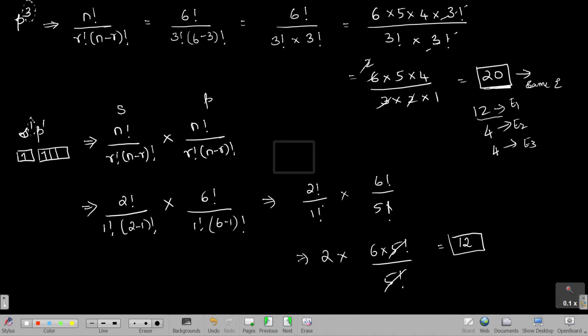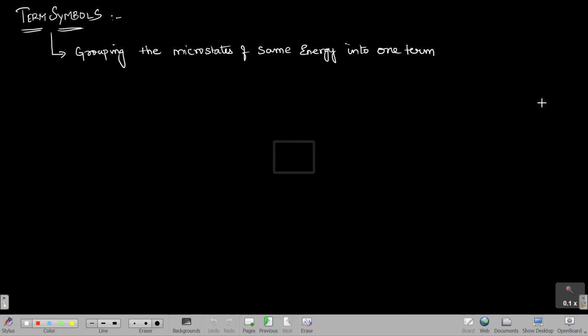So these 12 arrangements which have the same energy can be collectively called one term symbol. So grouping the microstates into a particular energy level is what we call a term symbol. I hope it's clear. So grouping the microstates of the same energy into one term. That is why we use the term symbol.